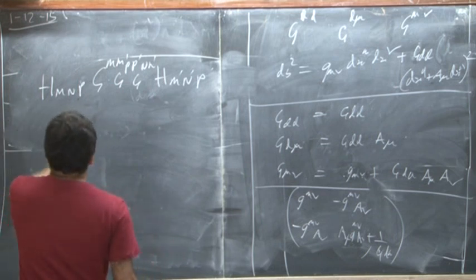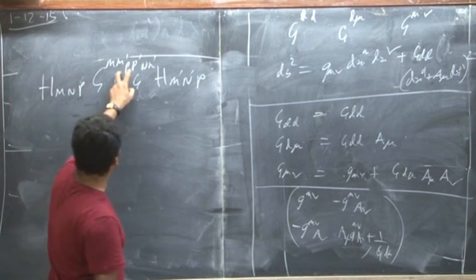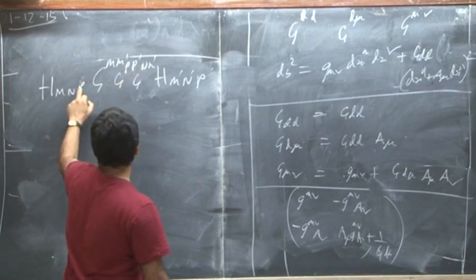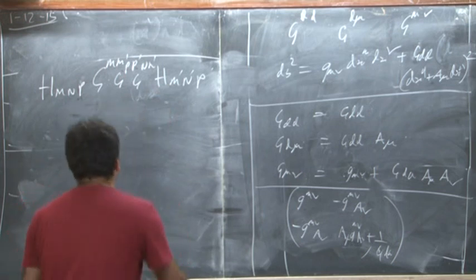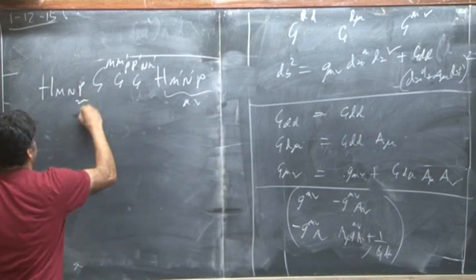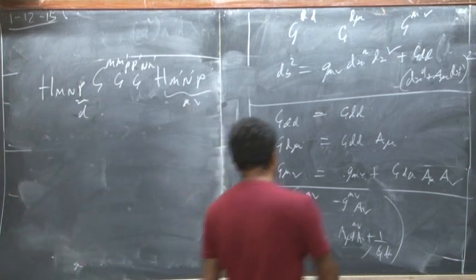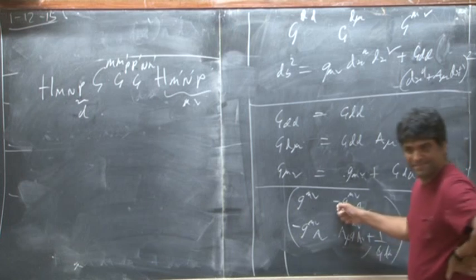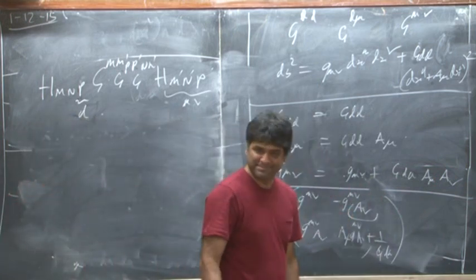Suppose one of these indices, let's say the P index, was D. Then we would get g p p prime. So P was D, but P prime was a mu index. So we're looking at the case where these are mu indices, and this one was a D index. So we would get one term with one A mu here.